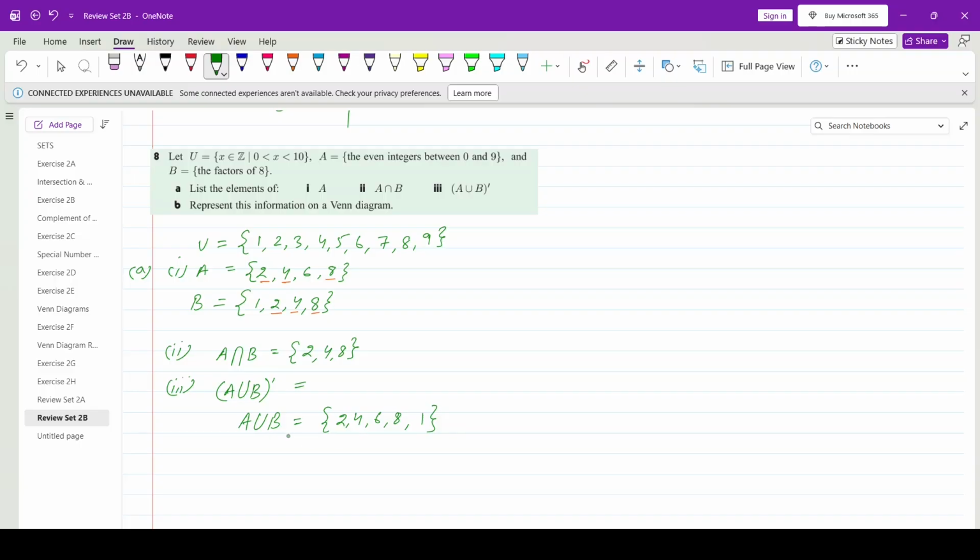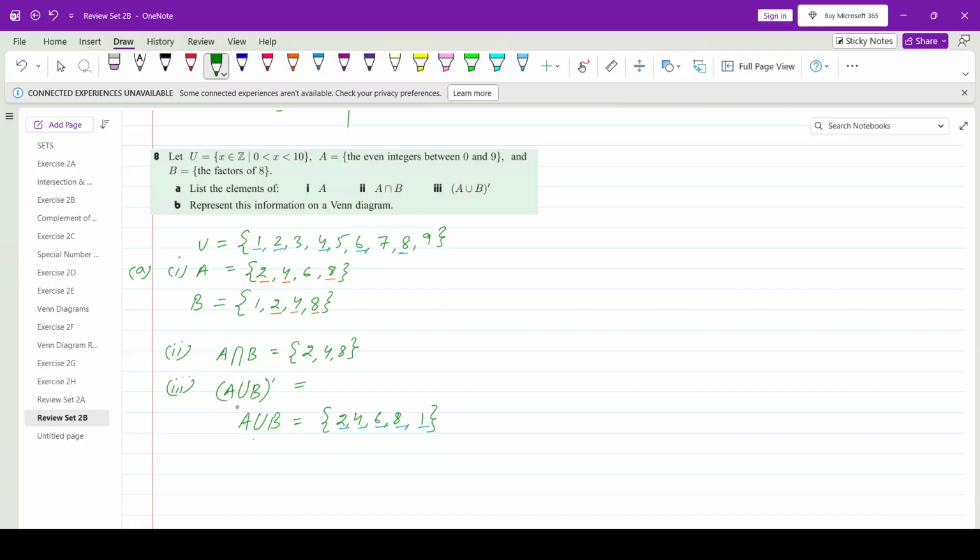This is going to be A union B. Therefore, what are the elements of the universal set that are not present in A union B? So first we need to find the common elements. This is a common element. This is also present here. This is also present here. This is also present here. And this 8 is also present here.